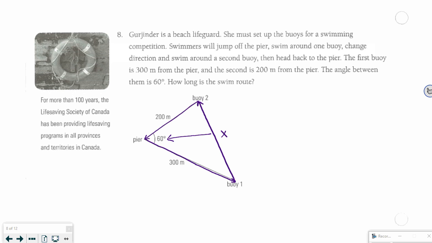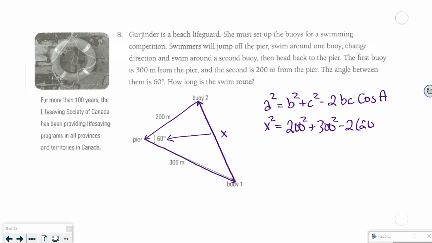I can use my cosine law. I'm using it to solve for a side. So a squared equals b squared plus c squared minus 2bc cos of angle A. So x squared equals 200 squared plus 300 squared minus 2 times 200 times 300 times cos of 60 degrees. When I solve this, x squared equals 70,000.